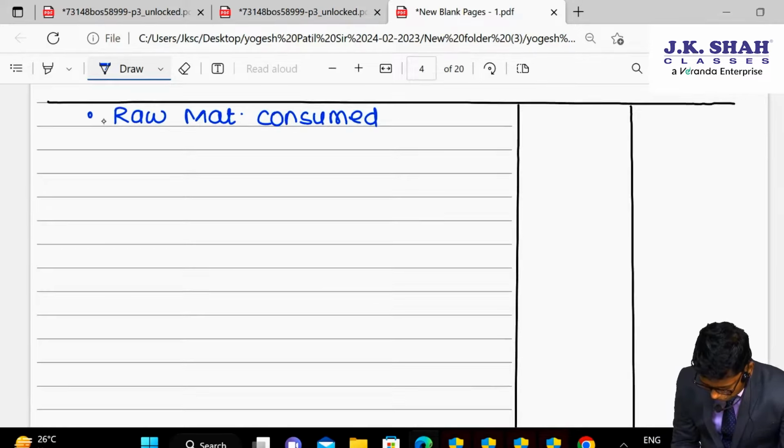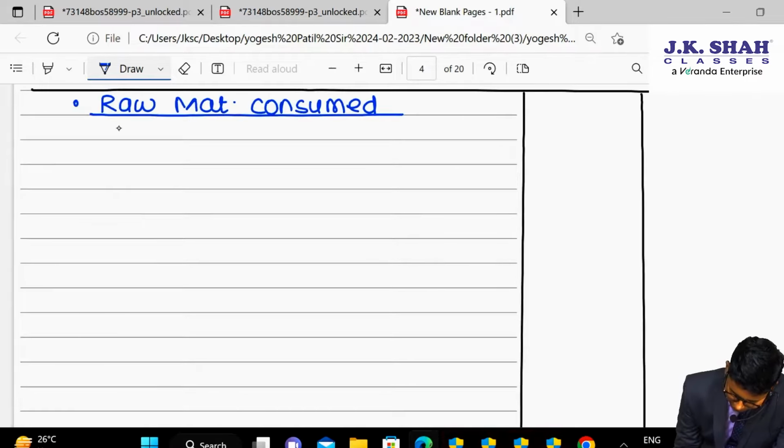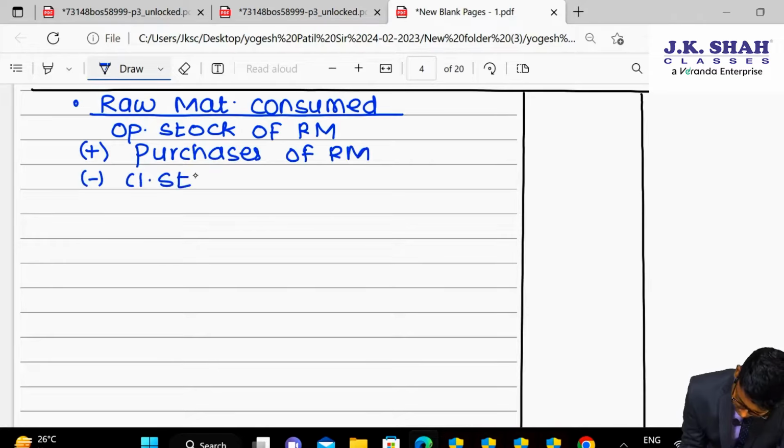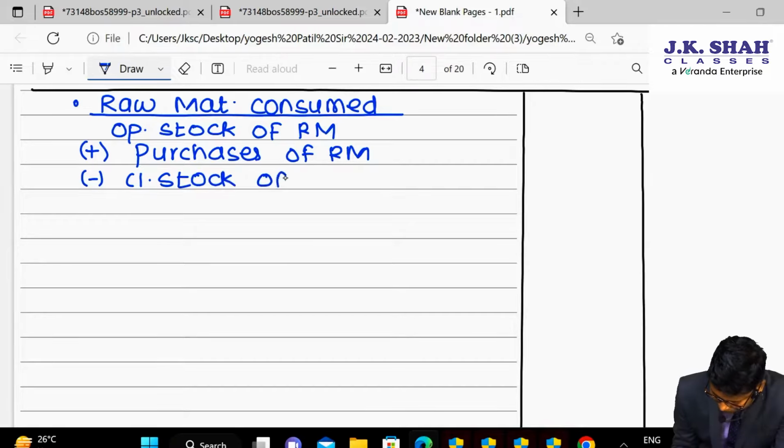In raw material consumed, the very first thing which we record is opening stock of raw material. To opening stock of raw materials, we add purchases of raw materials, and after that we deduct closing stock of raw materials, correct?